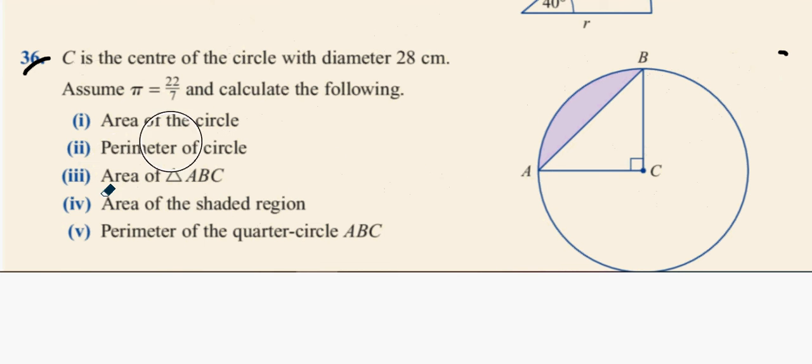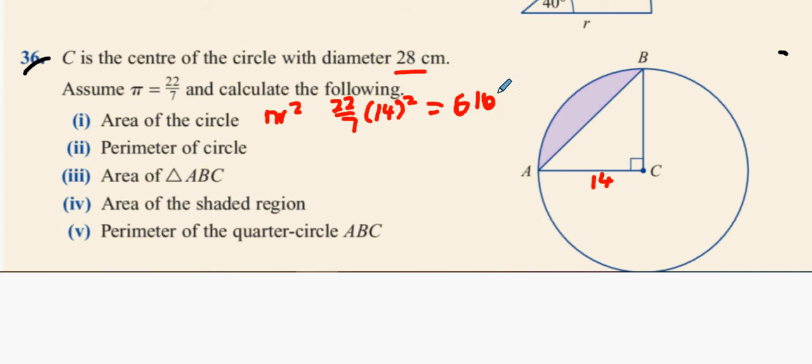Okie dokie. The area of the full circle, that's easy money. What do we get? Pi r squared, which is 22 over 7 times 14 squared. Why is it 14? Half of the diameter is the radius. And what did you get when you threw that in? 616 centimeters squared.